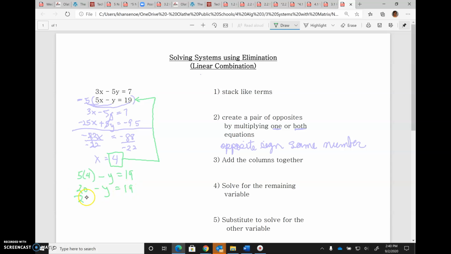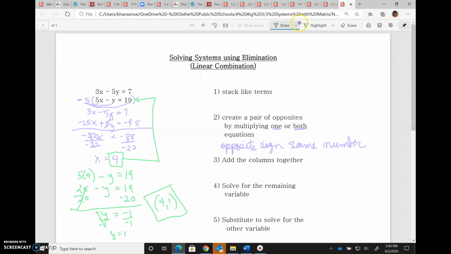I'm going to subtract 20 from both sides. I get negative y equals negative 1. I'm going to divide by negative 1 to get y by itself. I get y equals 1. So my answer is 4 and 1.